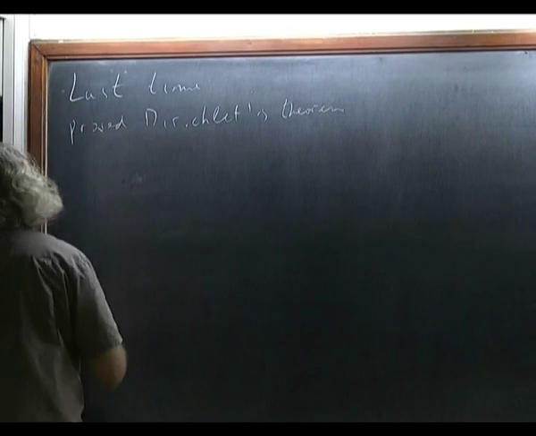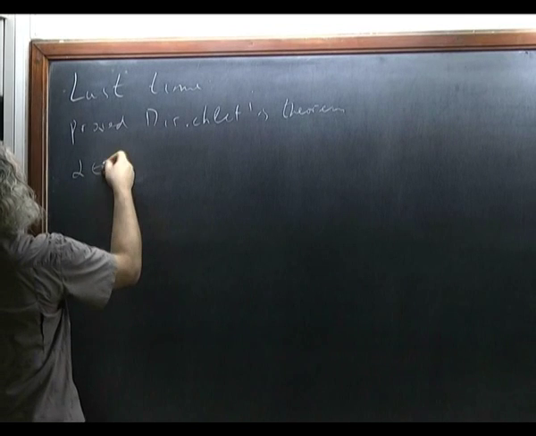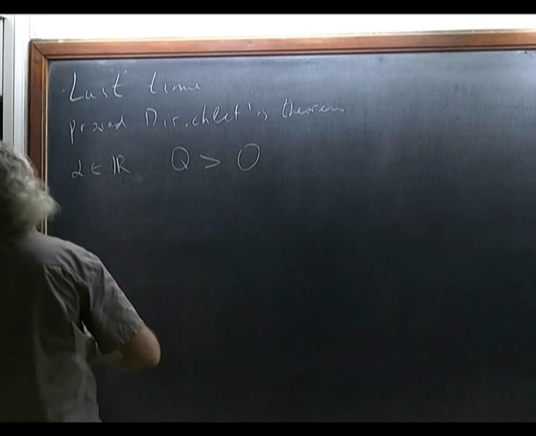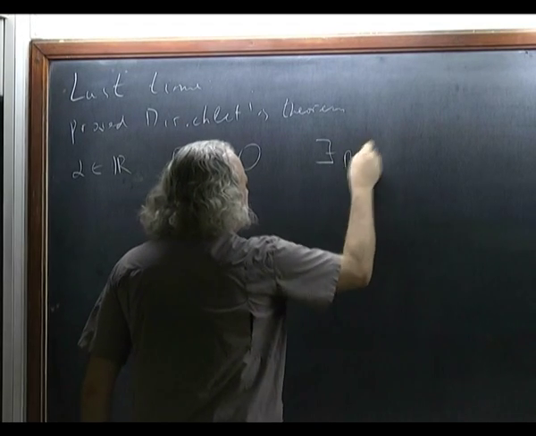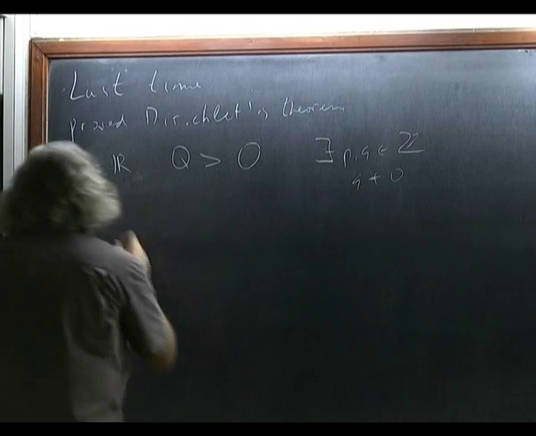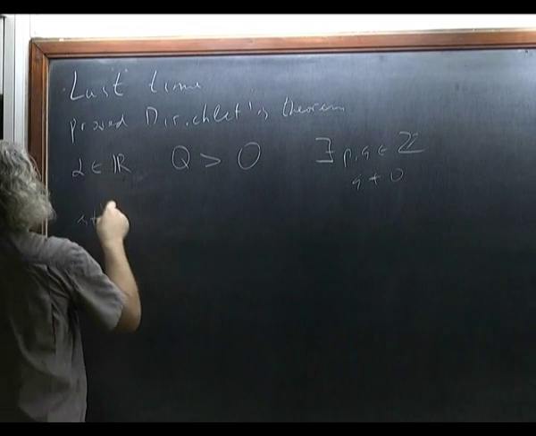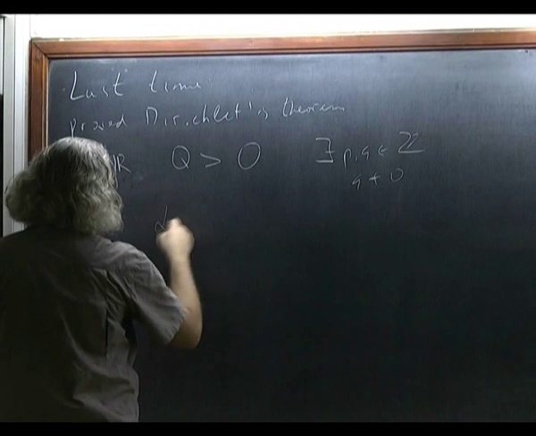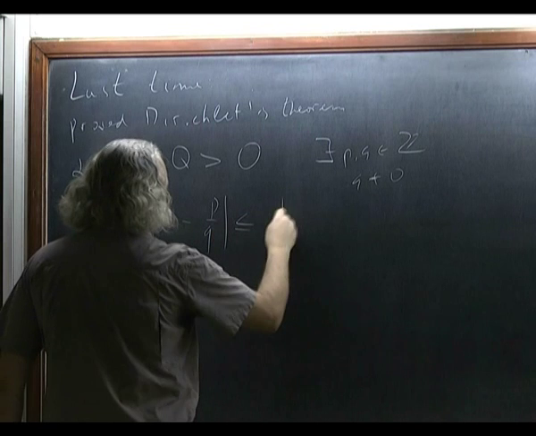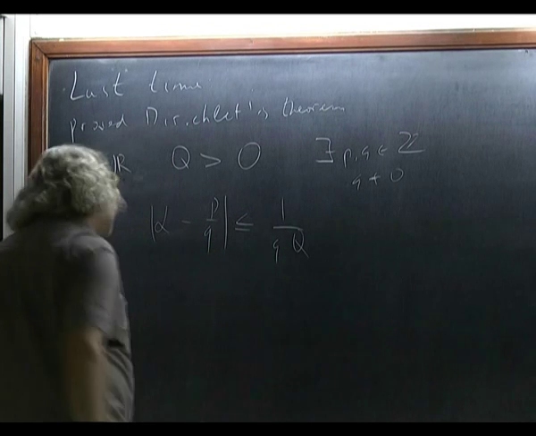Suppose alpha is a real number, then there exists non-zero Q such that alpha minus P over Q is less than this.